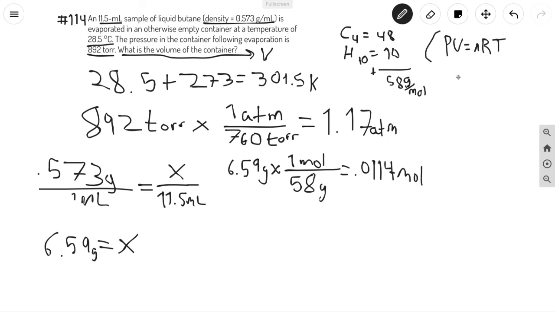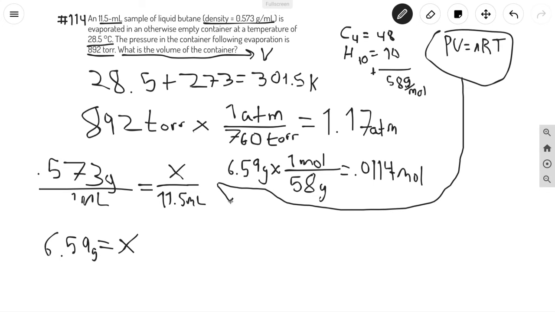So now we're going to use PV equals nRT, just plug in all the variables, and then it'll give us our answer. I want to isolate V first, so we're making it easier on ourselves. All right, this is the formula we're going to plug everything into. So then it's going to be n, which we found to be 0.0114 moles.